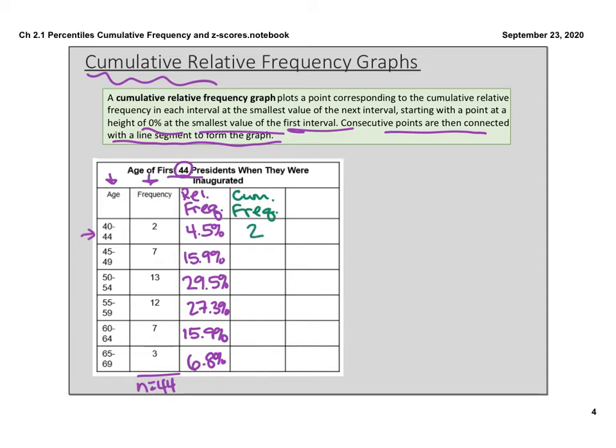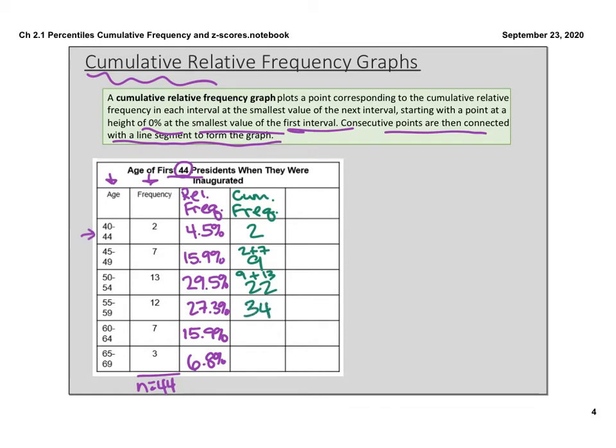In the next row down, I take the 2 plus the 7, and my cumulative frequency is 9. In the next row down, I keep adding. I had 9 from the first 2 rows, and then I add the 13, and that gives me 22. The next row down, I'd have 22 plus 12, which gives me 34.